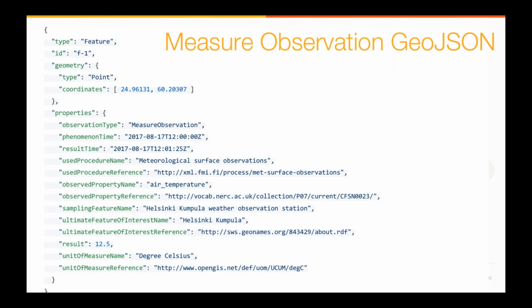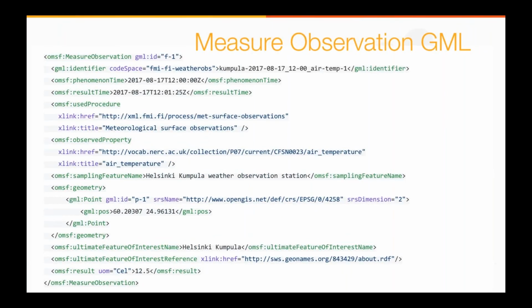And a similar thing with GML. It looks like this. So you don't have the deeply nested observation and measurements XML coding, the complex XML coding structure here that you might have seen. Instead, you have a hard typed observation type, which in this case is called measure observation.